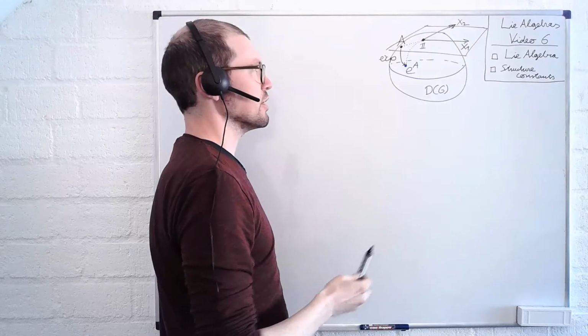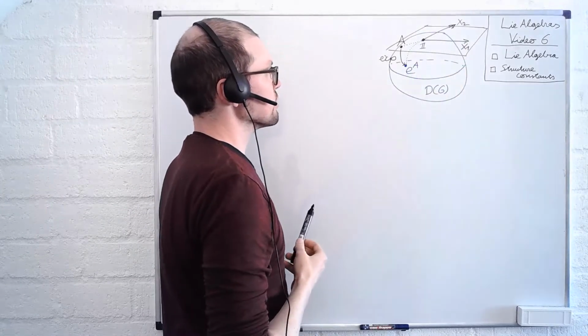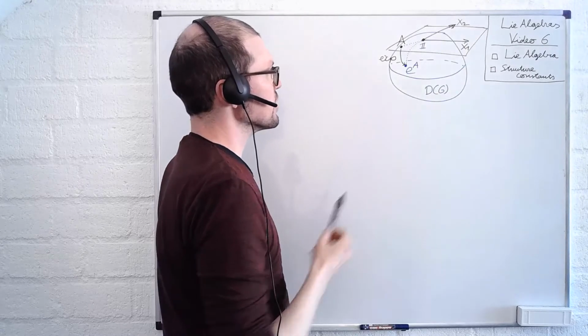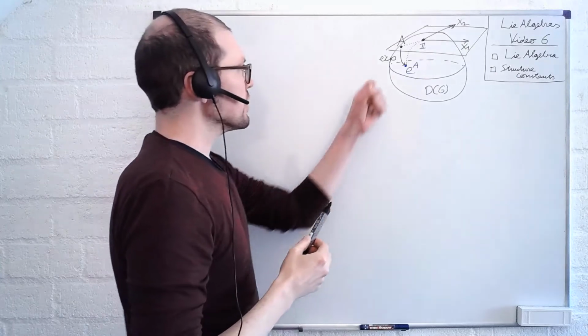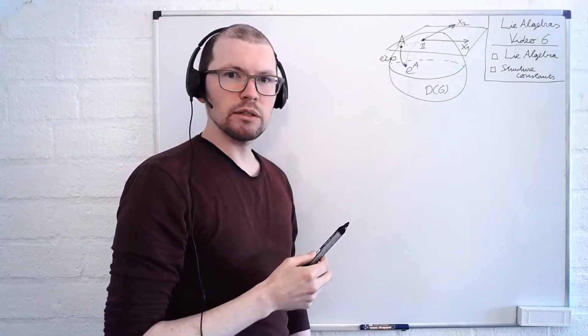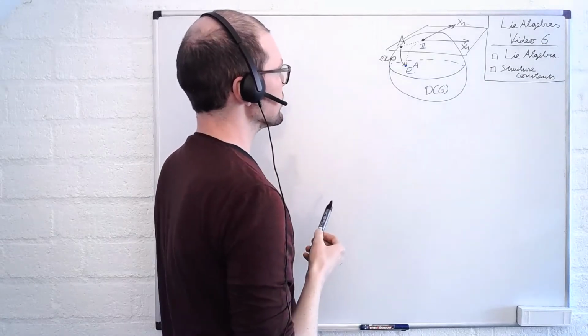So if I have a two-dimensional Lie group, I would have two generators that span the tangent space at the identity element. And we've seen that we can use the exponential mapping to go back from this tangent space to the Lie group itself.